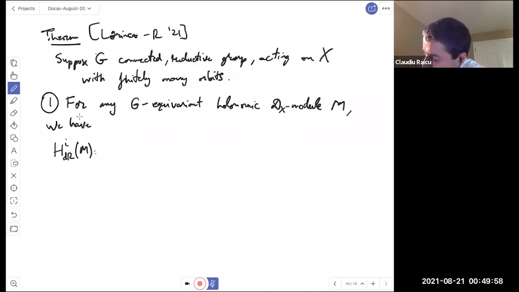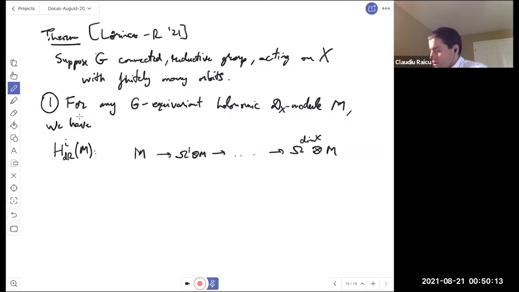So you look at M, omega 1 tensor M, omega small x tensor M. By definition, this is the ith cohomology of this complex. So again, X is the affine space. So this is a representation of G.